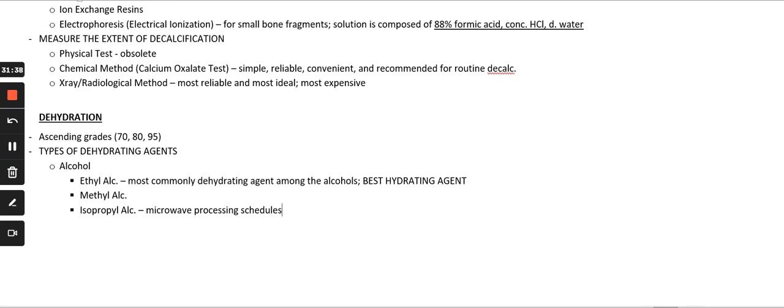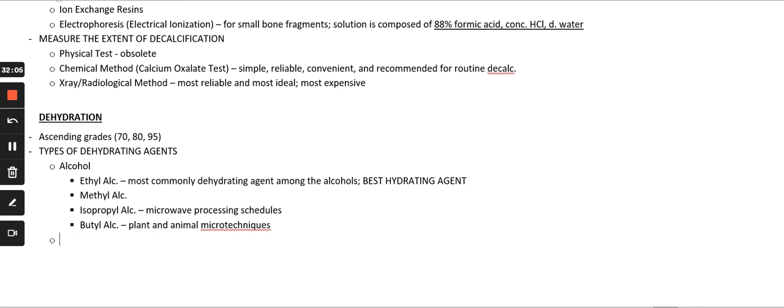Now, moving on, we have your butanol or your butyl alcohol. Butyl alcohol is primarily for plant and animal microtechniques, and it's a slow dehydrating agent. Another one we encountered is pentanol or denatured alcohol, but I will not go into specifics since they have no notable characteristics.